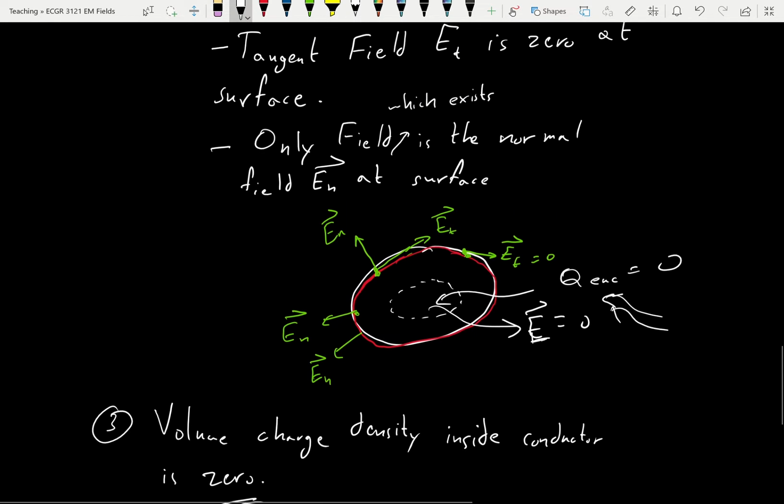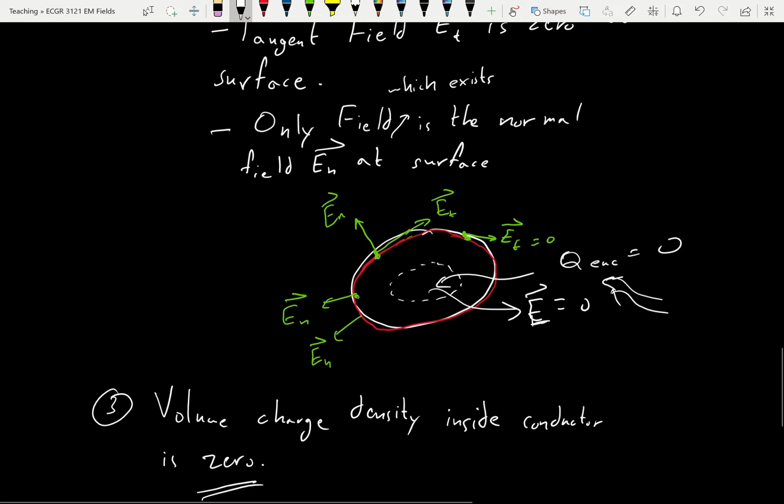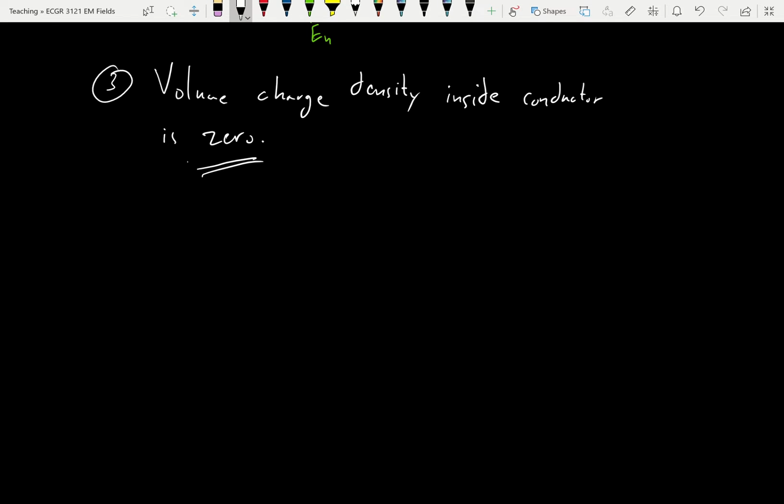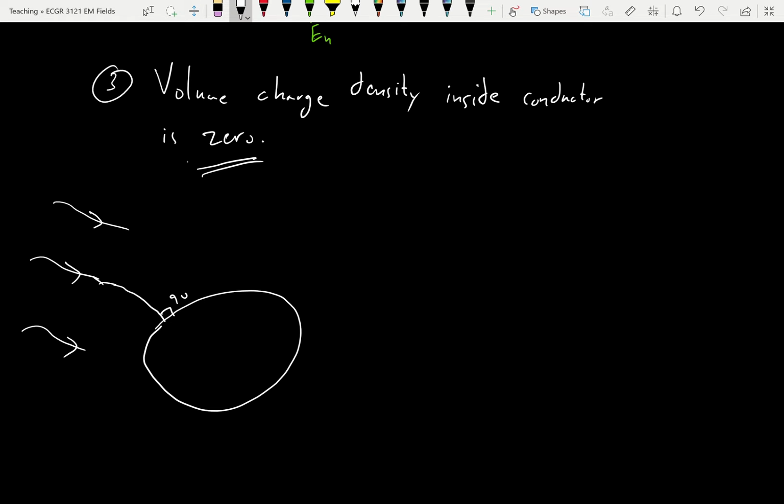The fact about the normal field is intriguing. This tells us that if I have any conductor and any external field in space, those field lines will always arrive at the conductor at an angle of 90 degrees. They'll always be normal to the conductor.